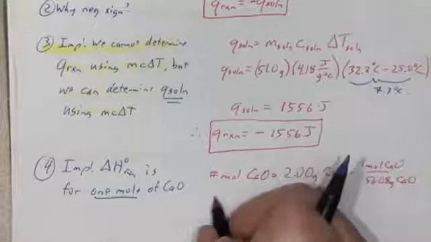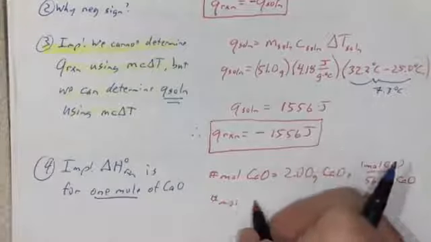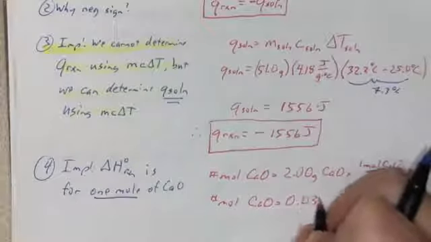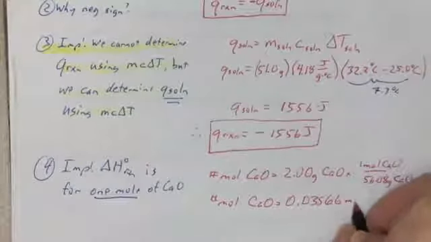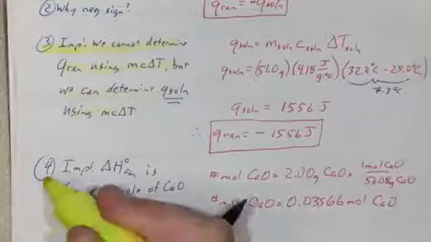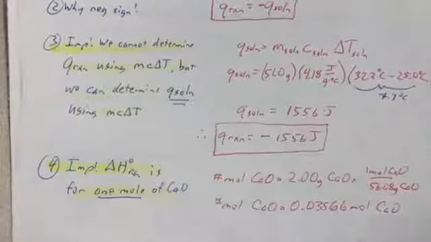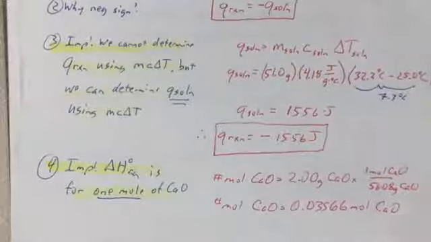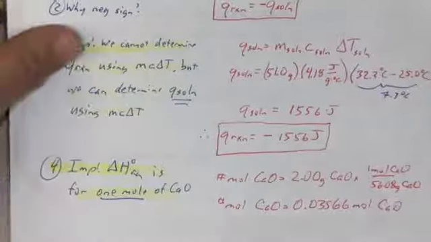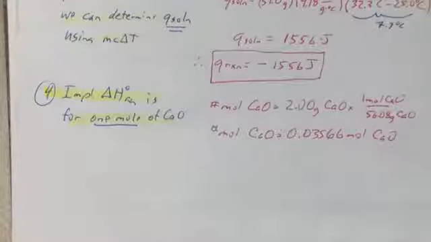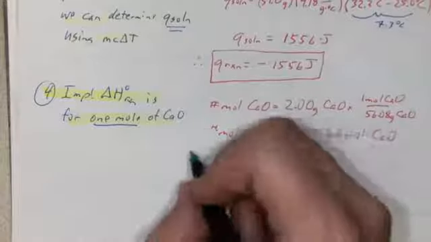And so, therefore, the number of moles of calcium oxide is equal to 0.03566 moles of calcium oxide. So, look at this. We calculated how much heat the reaction released, but the reaction didn't have 1 mole. It had 0.03566 moles.